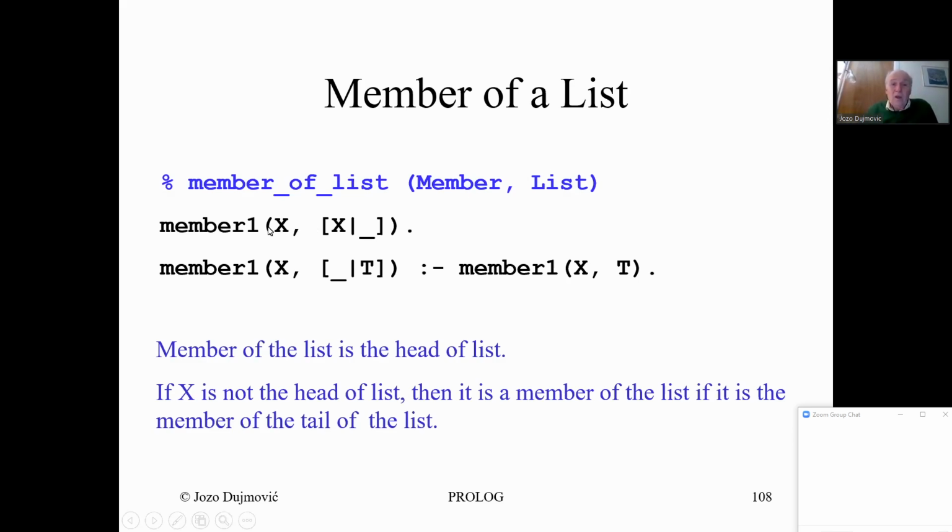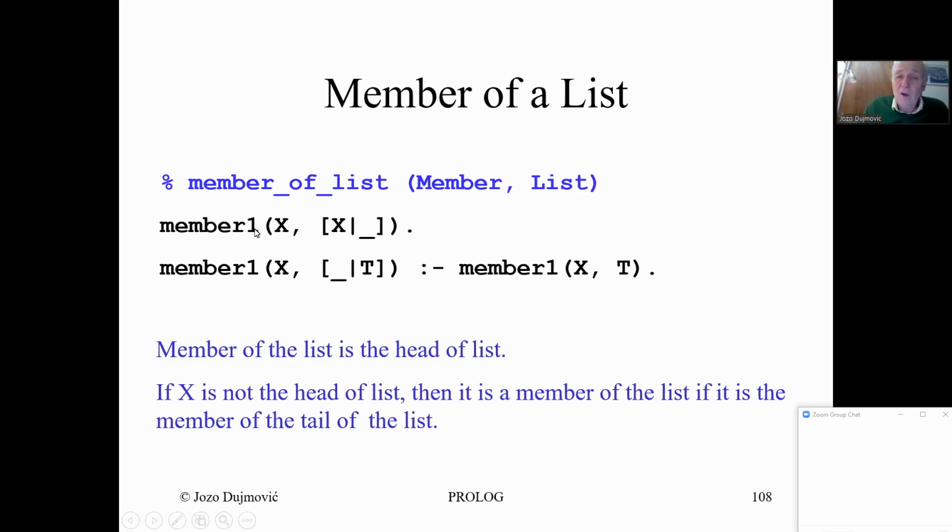So the first rule is that for the list that has head X and anonymous tail, X is a member of that list. So X is a member of the list if X is the head of the list, and I don't care what the tail is.